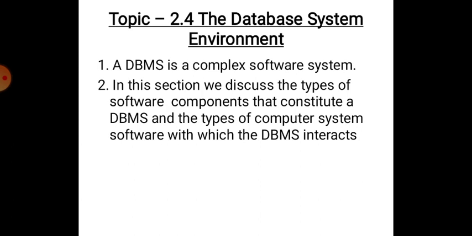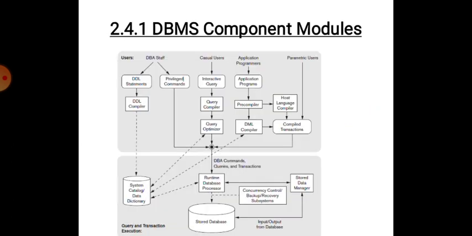carry out the task. In this figure, you can very well know there are many components, and the figure is divided into two halves. One is the upper half, another is the bottom half. In the upper half you have many interfaces and in the lower half you have various software components.